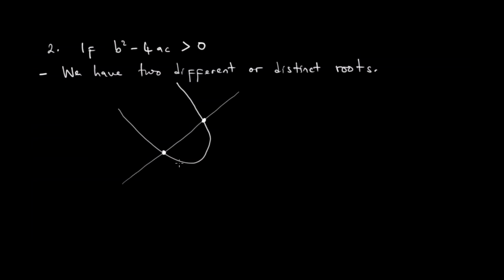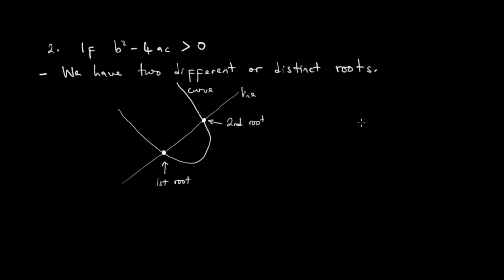These are now the two different roots. This is the first root and that is the second root. This is a curve, not just a line. Well, a line is also called a curve in other circles, and that's a curve like this.